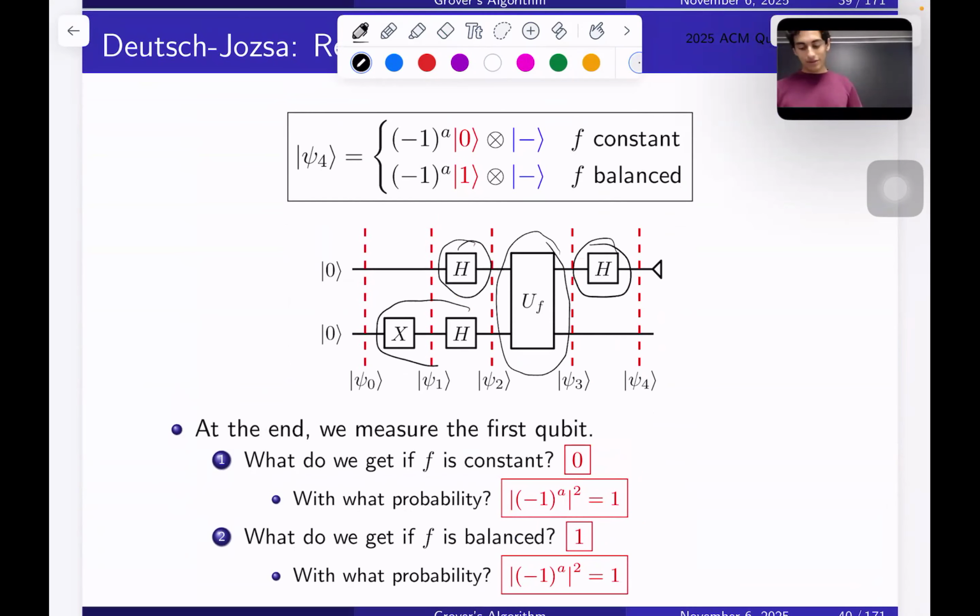And then these two gates turn the 0 state into a minus state, and we were able to use the phase kickback lemma because of that. At the end, we found that the first qubit is a 0 if f is constant and a 1 if f is balanced. So we can simply measure the first qubit, and we're guaranteed to measure 0 if f is constant and 1 if f is balanced. Does that make sense at a high level, what we did?